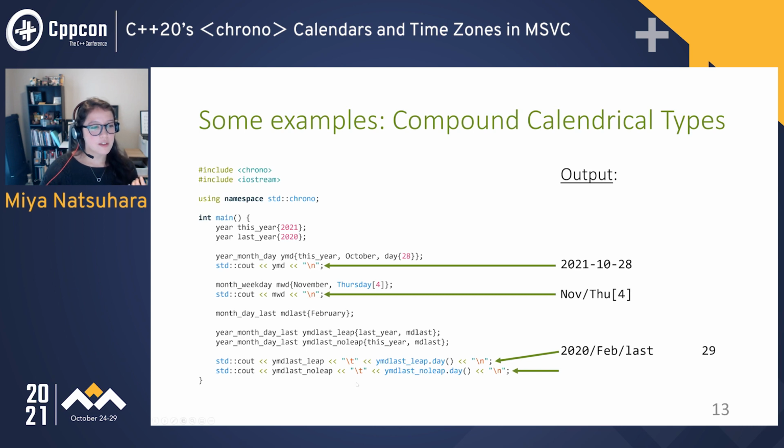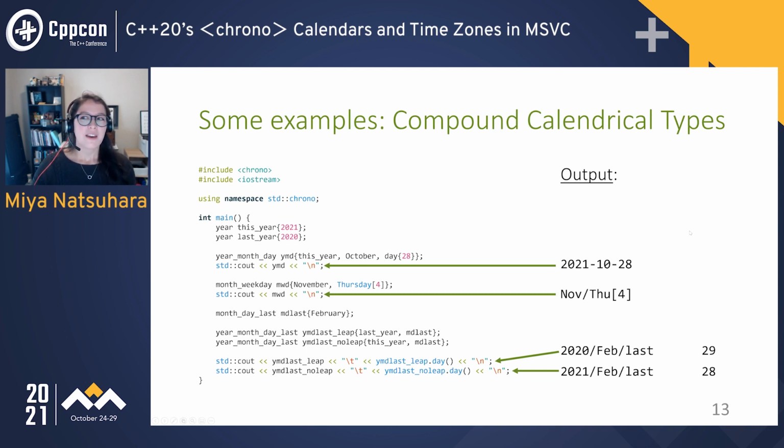Whereas if I print out year_month_day_last_no_leap, which uses 2021 as the year, I'll get 28. So this year_month_day_last type is pretty interesting. It's pretty powerful. You can represent this idea more generically of having just the last day of a given month, but you can actually get more specific information out if you ask for it here.